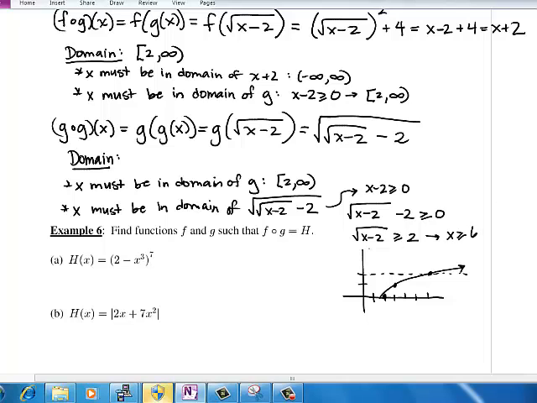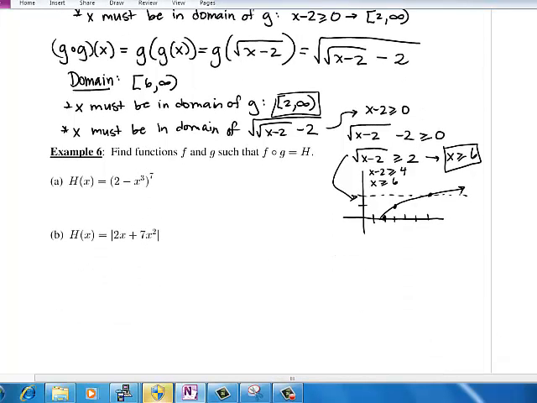If we square both sides of this, we'd have x minus 2 greater than or equal to 4, which is x greater than or equal to 6. So that works just fine too, just squaring both sides and continuing. Or you can think about the graph of square root of x minus 2, and where is that greater than or equal to 2. So the domain, keeping these two things in mind, if we want to make sure we satisfy both of them, would have to be 6 to infinity.